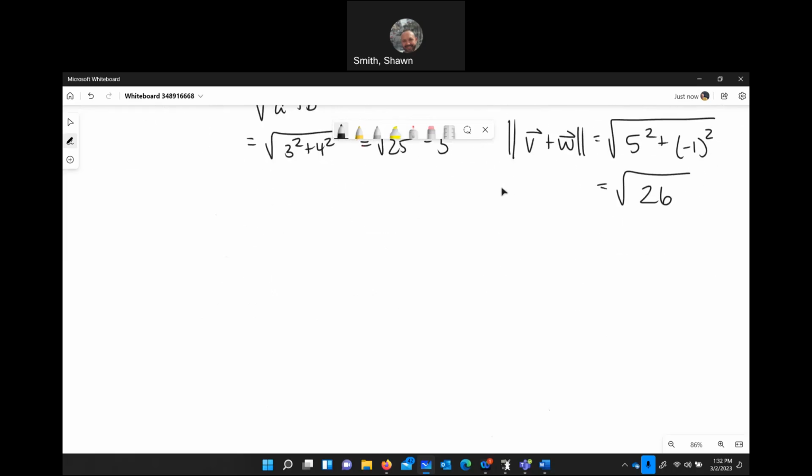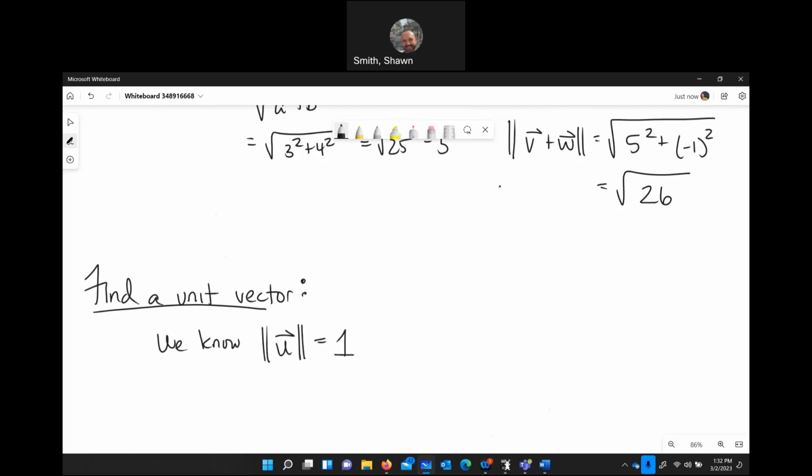All right, let's find a unit vector. So we know that the unit vector, its magnitude is equal to 1.